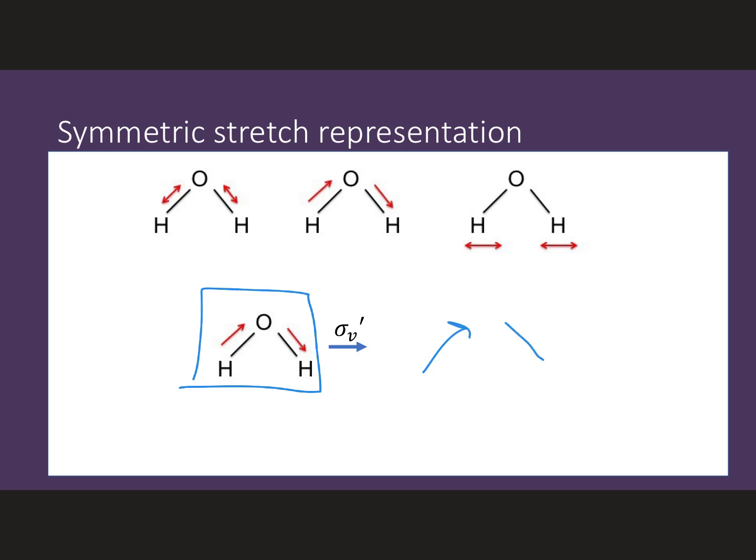This does not change the phase of our vibration, so it gets a +1. So in other words, for this vibration of the asymmetric stretch, what we'd see is 1, -1, -1, 1. And if we were to go to our character table, we'd see that this is a B2 vibration.